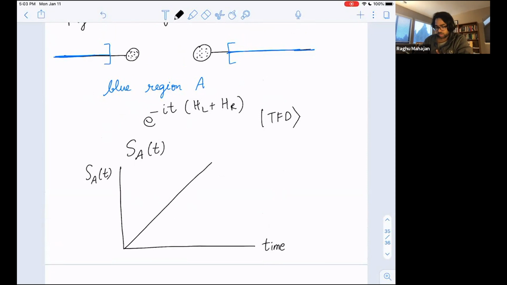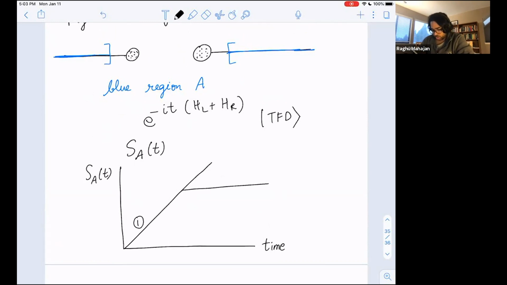But we also said that this growth cannot continue forever, because the region A complement has a finite dimensional Hilbert space, and that has a finite fixed entropy. So this curve has to transition into something flat at some point.